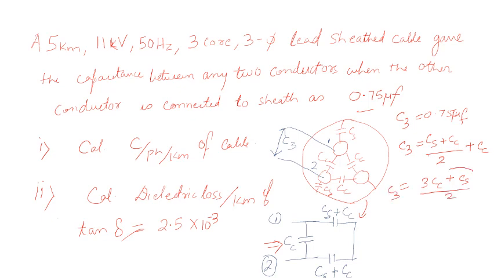If you check the previous formula, this is nothing but your C per phase. So C per phase you can write as 2 into C3, that is 2 into 0.75 microfarad, so you'll get 1.5 microfarad.